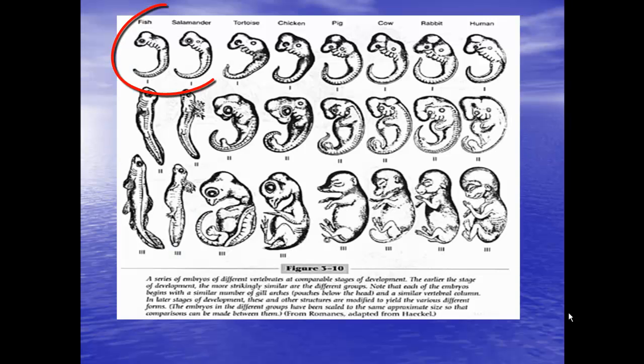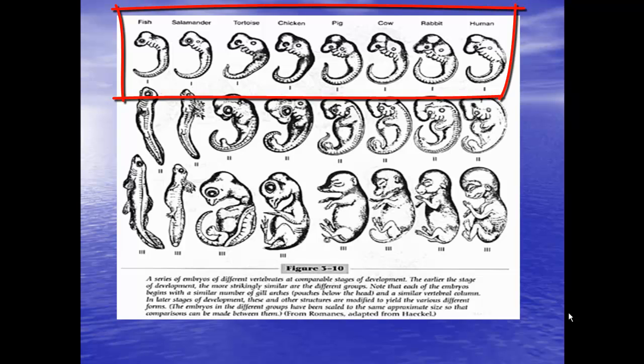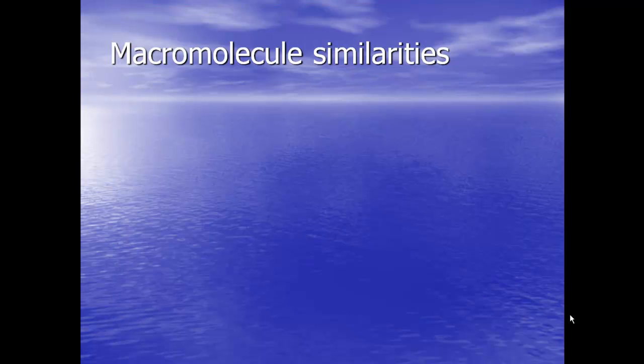If you look at these pictures here, the fish being a fish and the salamander being its next closest relative, an amphibian, shows lots of similarities. But look across the top, and these sketches of all of these embryos of vertebrate organisms tend to be very, very similar. Now, similarities in macromolecules.